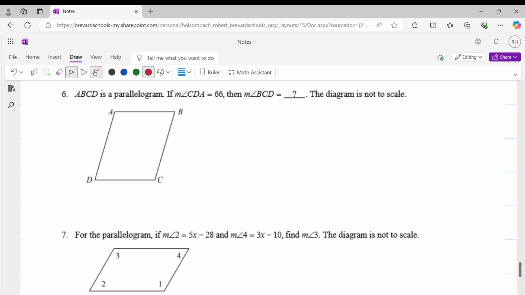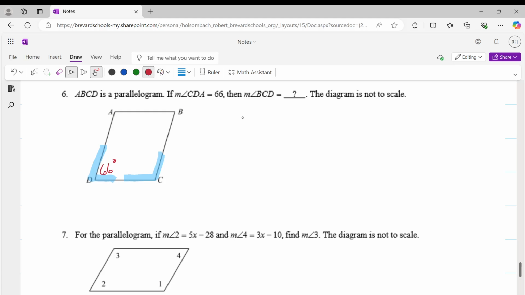Problem number 6. ABCD is a parallelogram. If the measure of angle CDA is 66, then the measure of angle BCD. All right, so here's B to C over to D. You see these two angles again? They're consecutive angles.